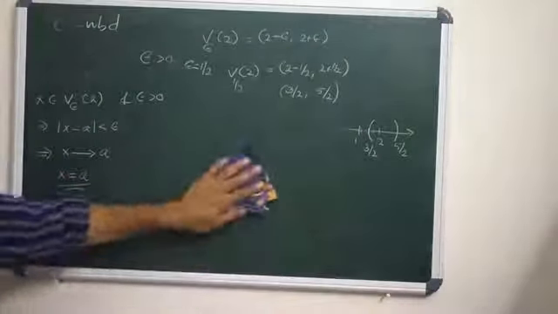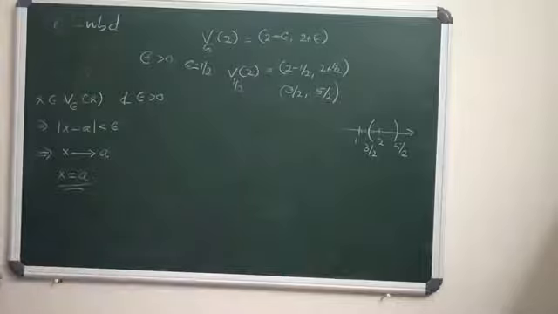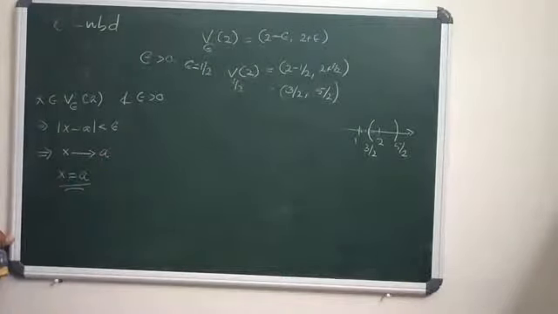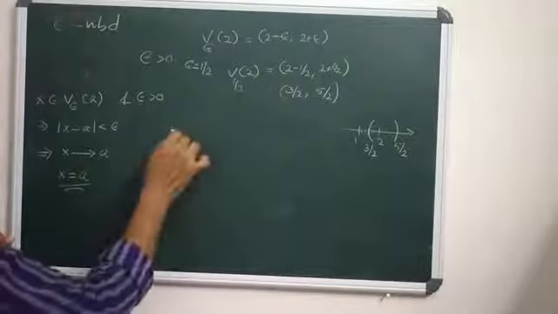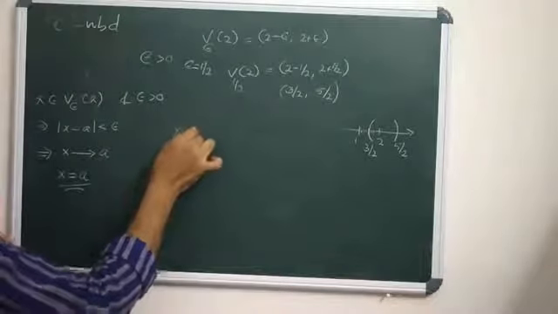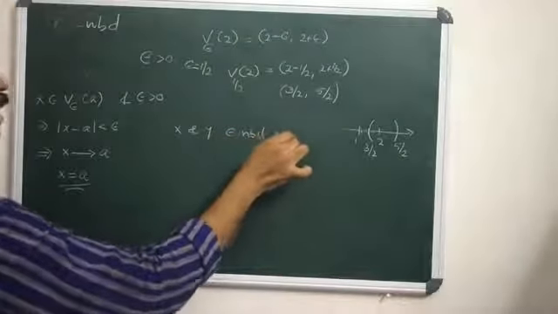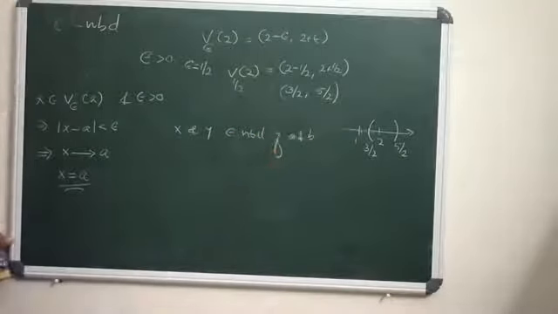Now suppose x and y are the epsilon neighborhoods of A and B respectively.